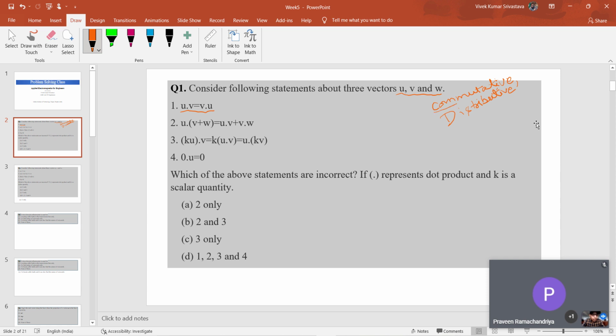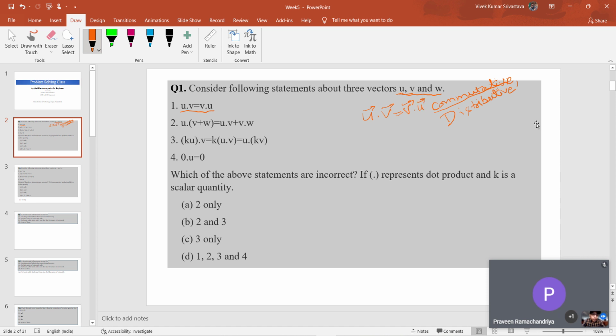The commutative property says that if you have two vectors u and v, then u dot v should be equal to v dot u.